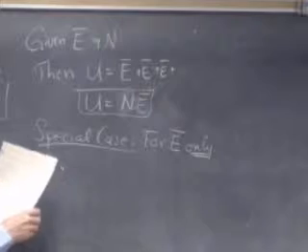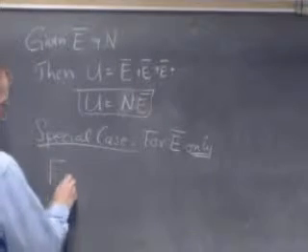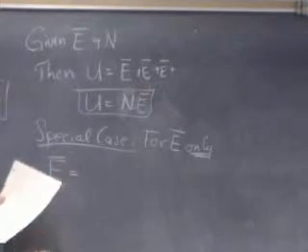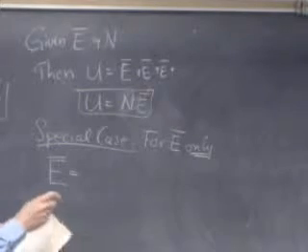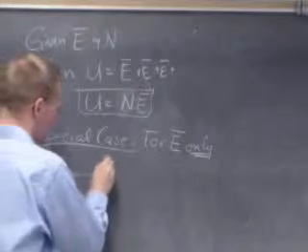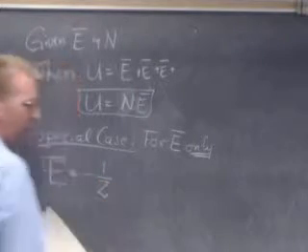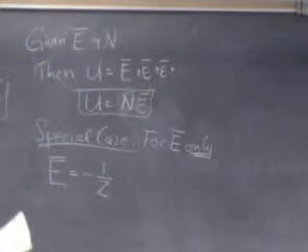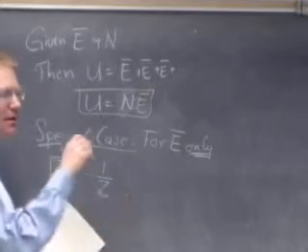There's a special equation for finding that. The average energy of the particles in the system is equal to minus 1 over the partition function times dZ by d beta.